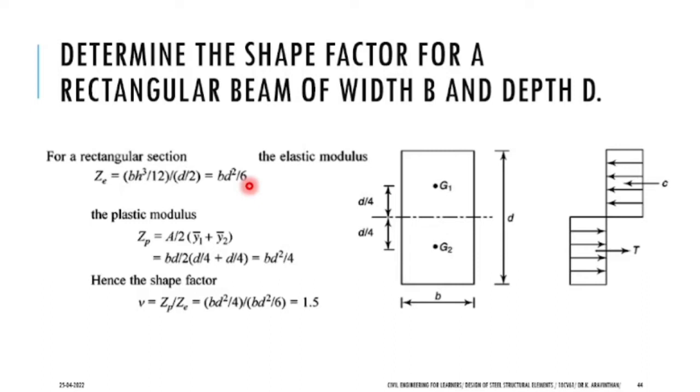Now what is your understanding here? This is a rectangle object. If you try to push in this direction, it will have, say for example, 10 kilonewton of resistance, and if you push in this direction, what will be the resistance? It will be 15 kilonewton. Using the shape factor, you can easily identify the resistance available for a shape.